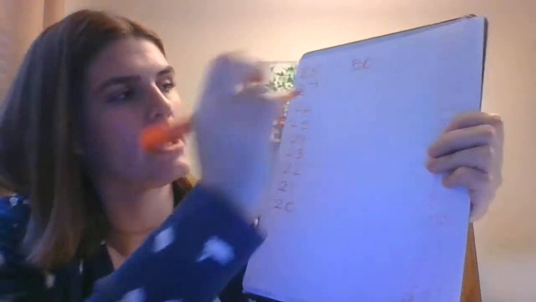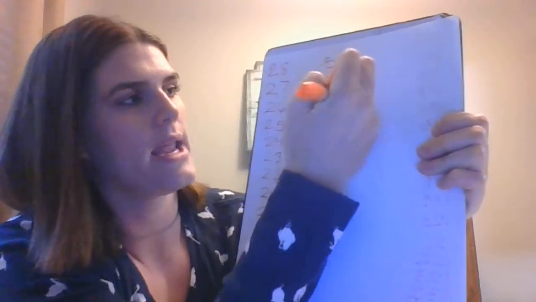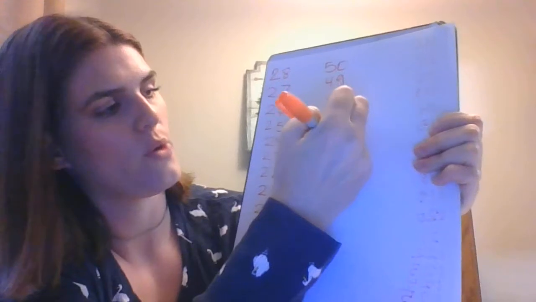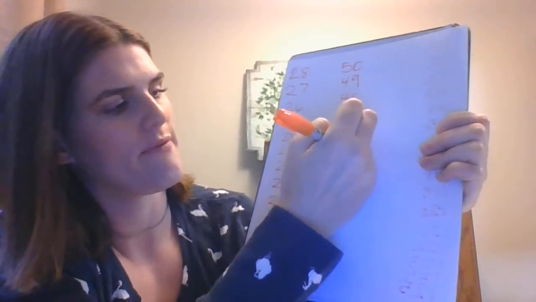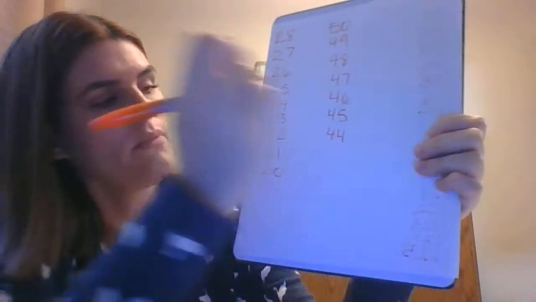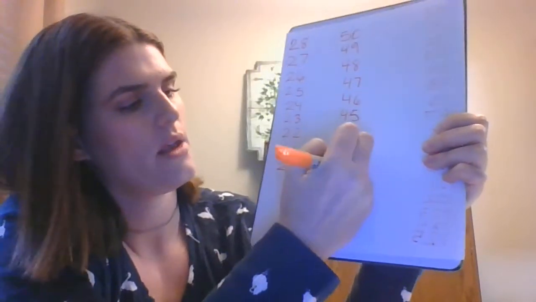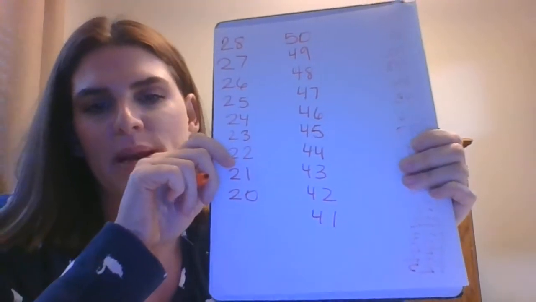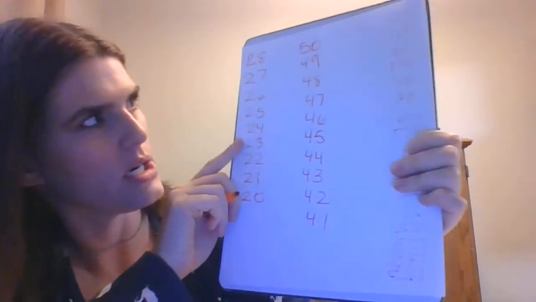The numbers are going to get smaller. And I said it was 49, 48, 47, 46, 45, 44, 43, 42, 41. When I count backwards, my numbers are getting smaller.